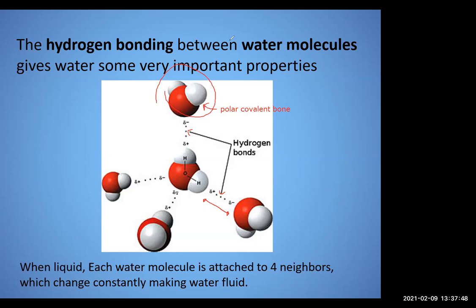Most things, when you freeze them, become more dense, not less dense. Water becomes less dense when you freeze it. So that'll be a question on the test. Remember, polar covalent within a water molecule, and hydrogen bonds forming between water molecules.